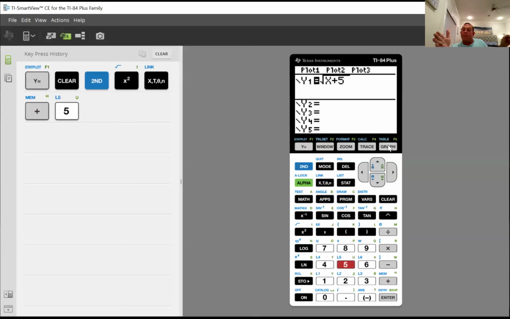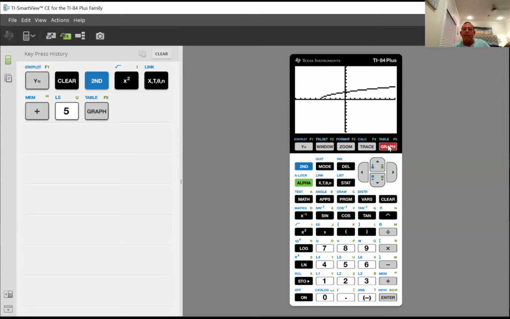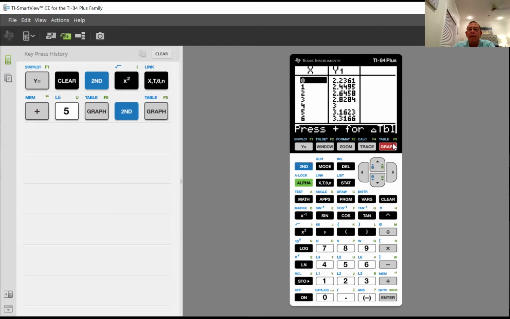Now remember that graph, we said it should shift it left 5 units. And y'all look at that, where it was at 0, 0 is now at -5, 0. It pulled the whole graph over 5 units. And then look at your table, second graph. So let me go up until I start getting them error messages.